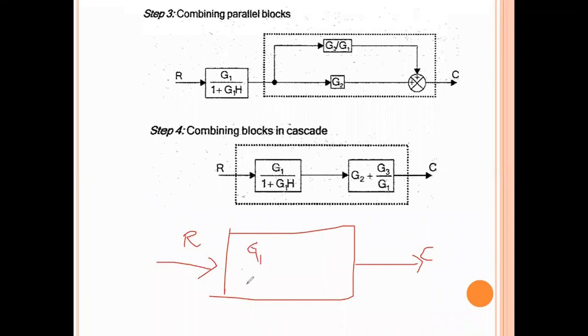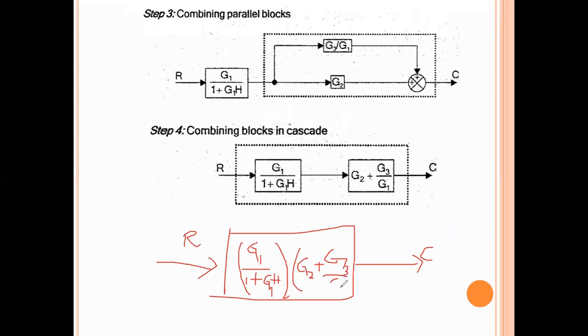So G1 by 1 plus G1H. Okay, so this is one block, and the second block gain is G2 plus G3 by G1.